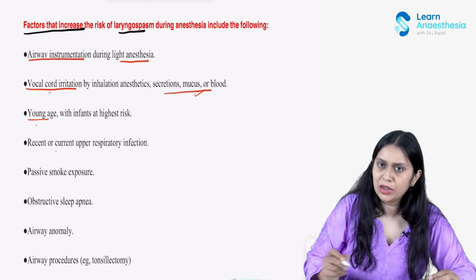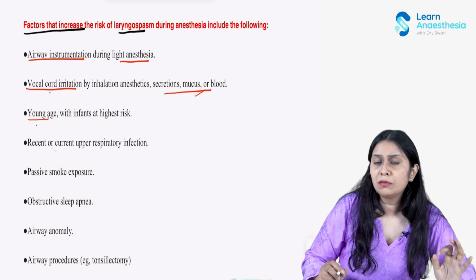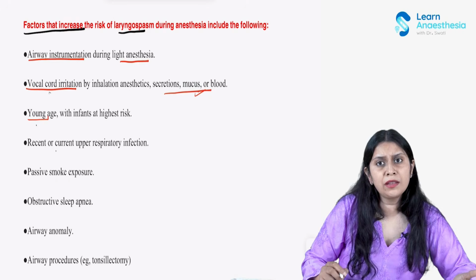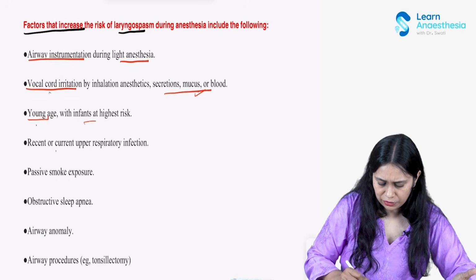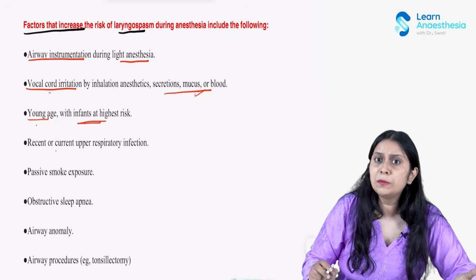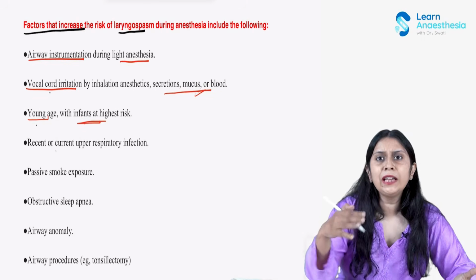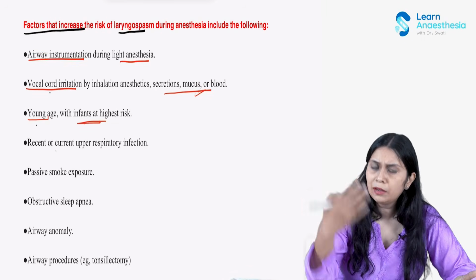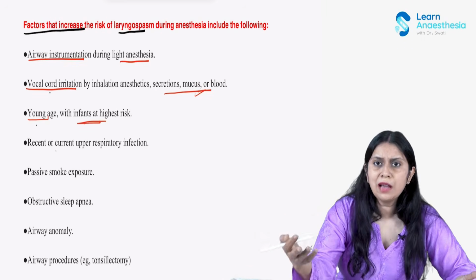Then young age, as I said, age is one of the factors. The younger the patient, the more the risk. An infant has the highest risk of developing laryngospasm. Then a recent or current respiratory tract infection. If the patient already has a URTI or a history of a recent URTI of less than 6 weeks, the risk is higher.